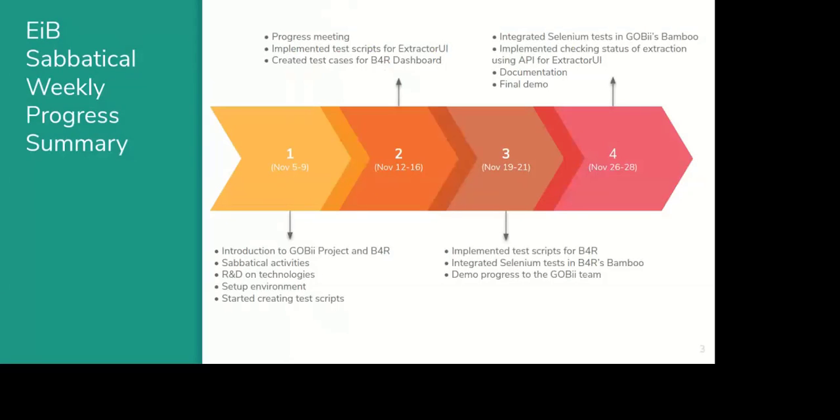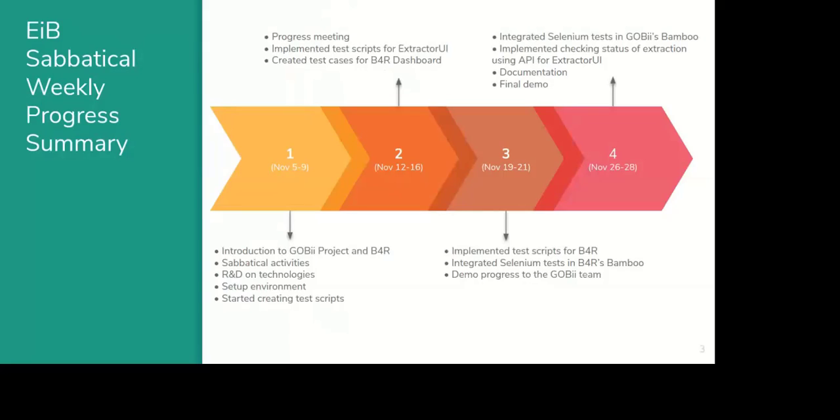So this is the timeline of the sabbatical. The duration of the sabbatical was 1 month. For the first week, it was more on introduction to the GOBii project and B4R.